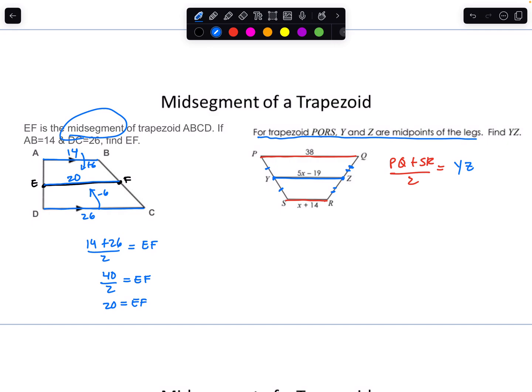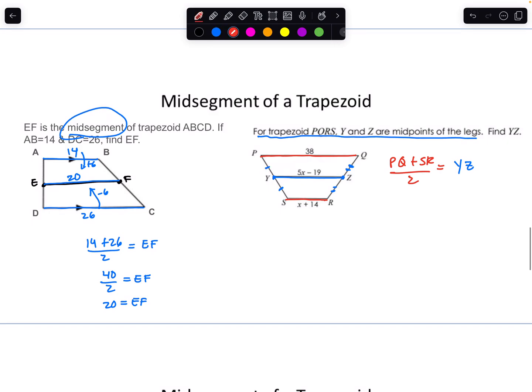Now that I have my equation, I'm going to add things. PQ is 38 plus the other distance, x plus 14, divided by 2 should equal the length on the inside, which is 5x minus 19. And now I can solve for x. This is just a general algebraic equation.